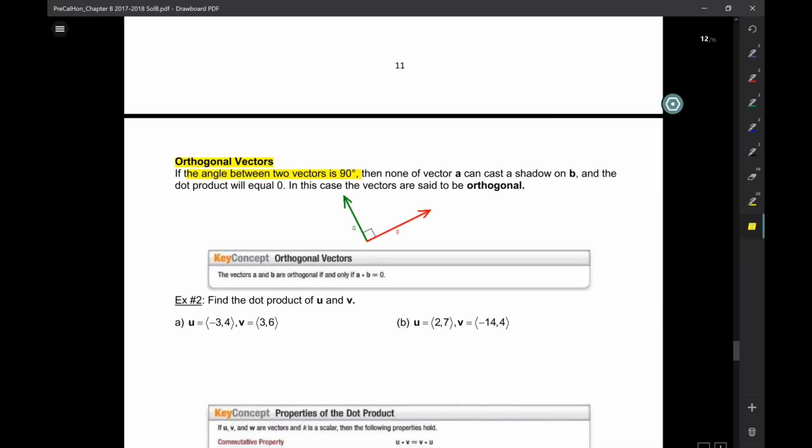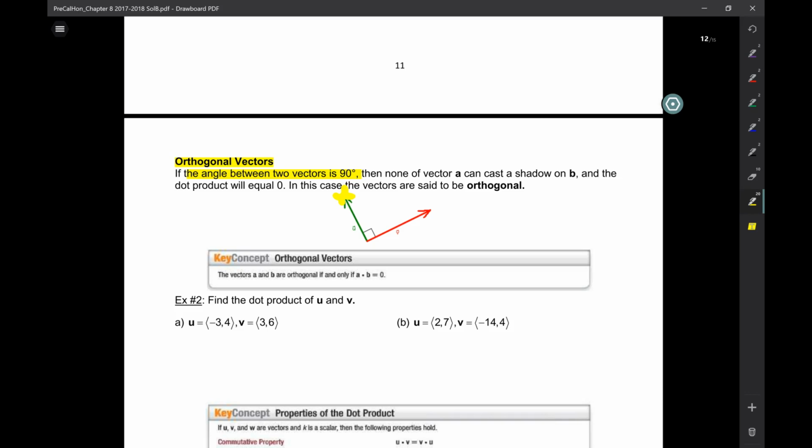So if the angle between two vectors is 90 degrees, the dot product is going to be 0. Why? If we think of the dot product as a projection or a shadow, and the angle between the two vectors is 90, and I hold a flashlight on top of this green vector, how much of a shadow is it going to cast? 0. There's not going to be any shadow. Like if I hold a flashlight straight above a desk, there's no shadow underneath unless I angle it.